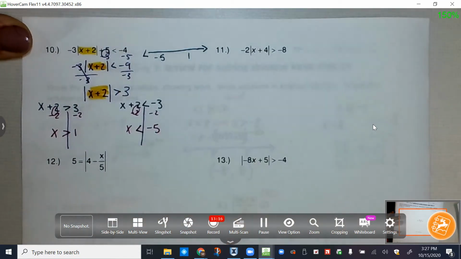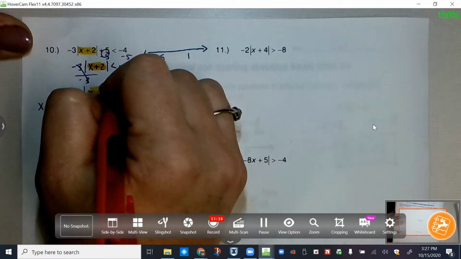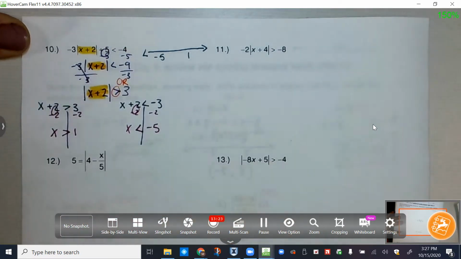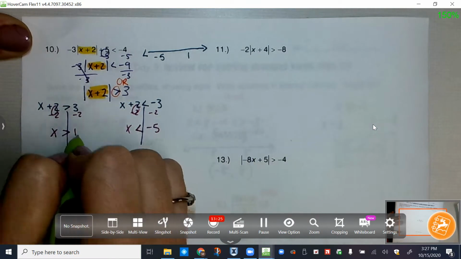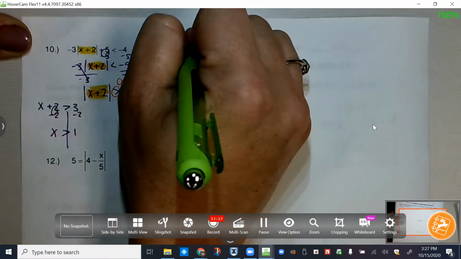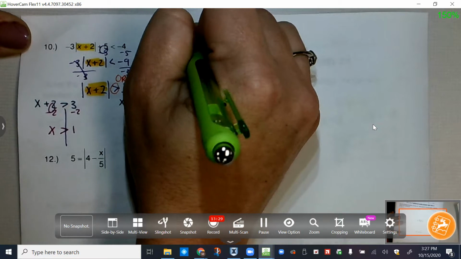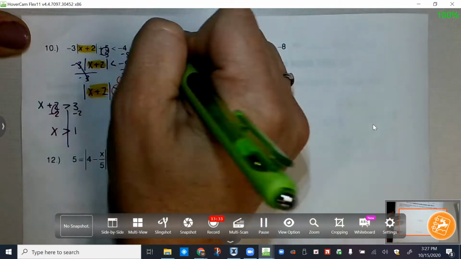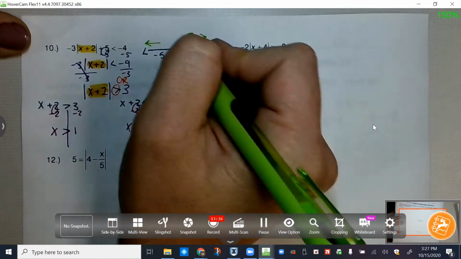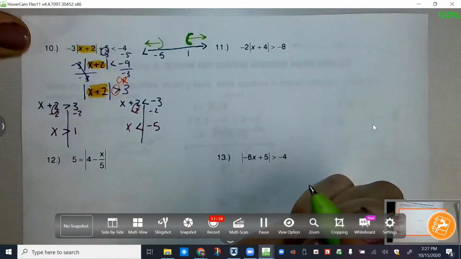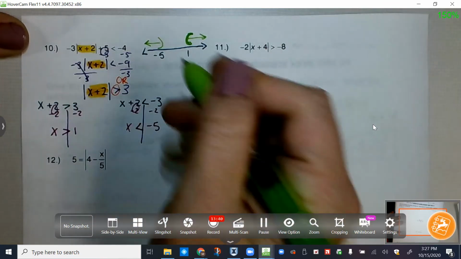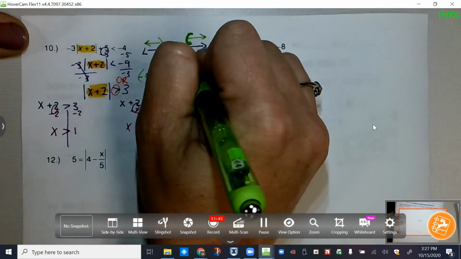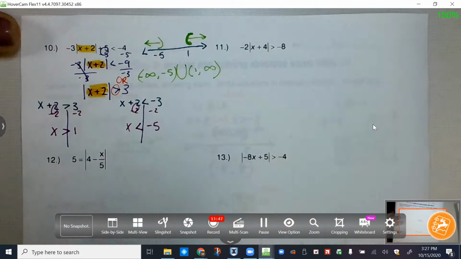Now, we wait till our symbol's by itself. It's greater. So x is greater than 1, oh, not equal to, sorry. That's a parenthesis. And x is less than negative 5. Okay. This is an or problem, so it goes negative infinity to negative 5, both with parentheses, or 1 to positive infinity.